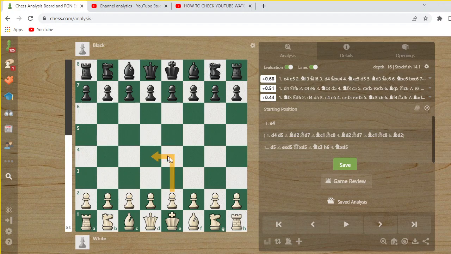But if you don't have enough material to checkmate, and your opponent runs out of time, then it's a draw, because it's draw by timeout and insufficient material.